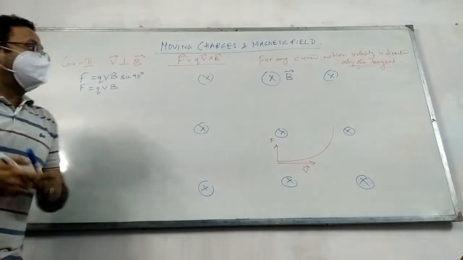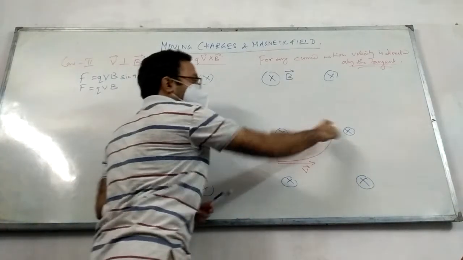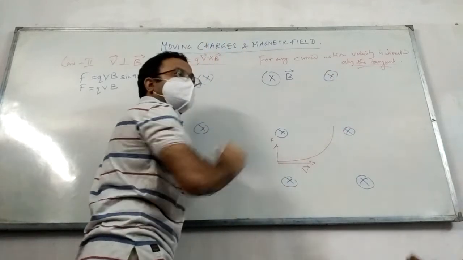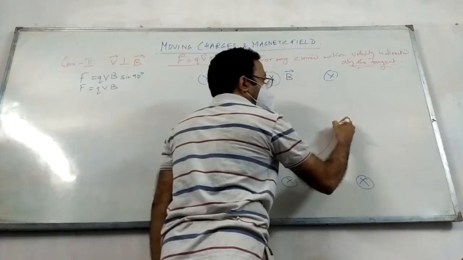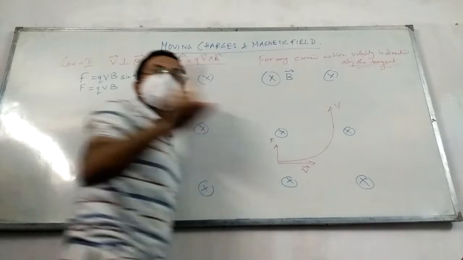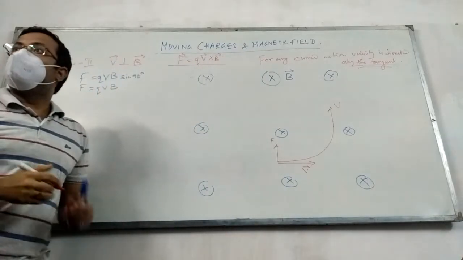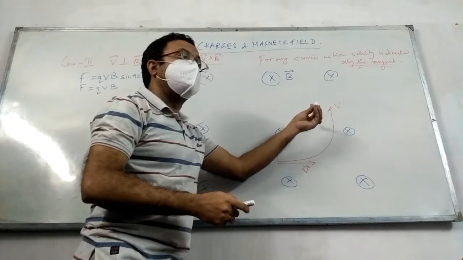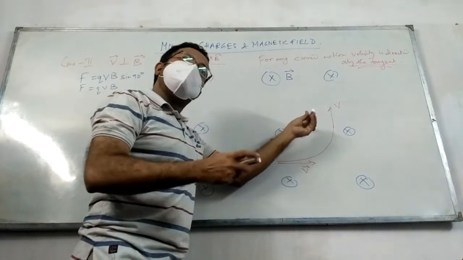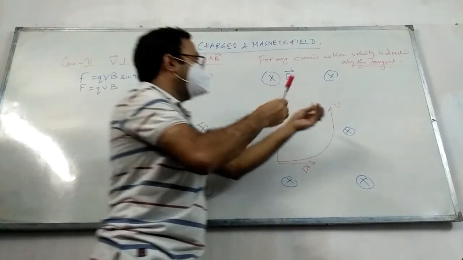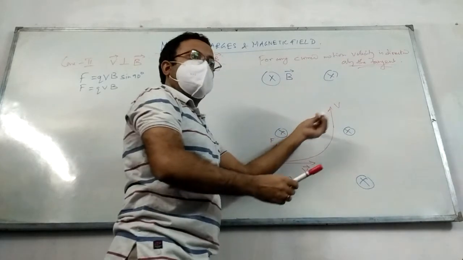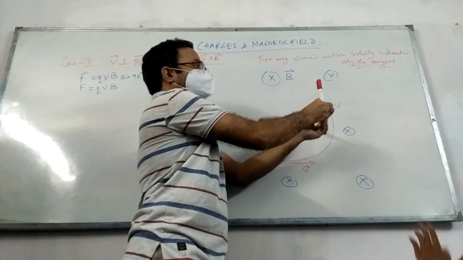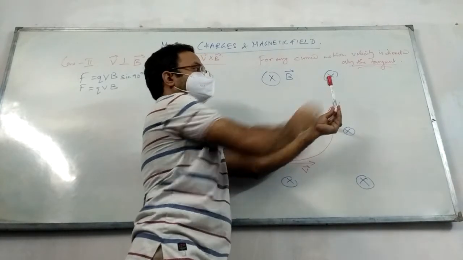At this point, when it has made the curve, the velocity is directed along this direction. Yes or no? And which direction is our magnetic field? Always inwards. So the velocity is directed upwards and the magnetic field is inwards. Then in which direction will it experience the force?